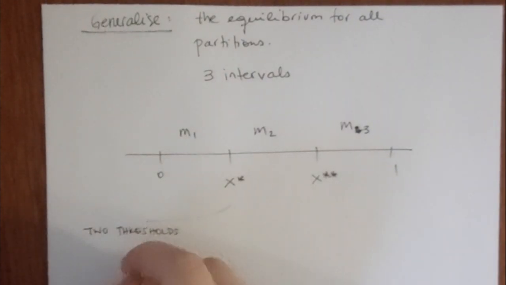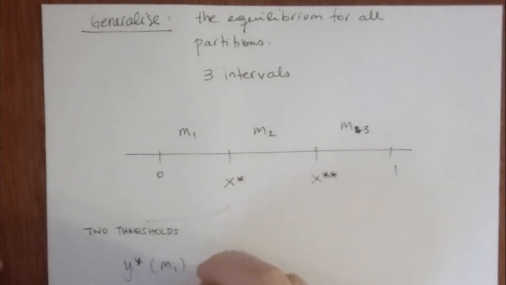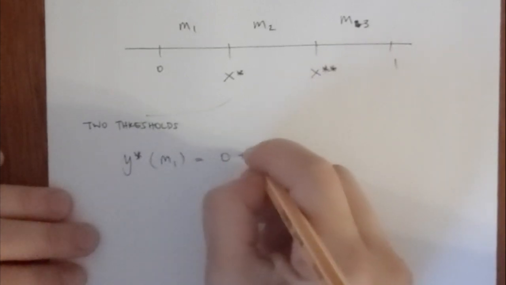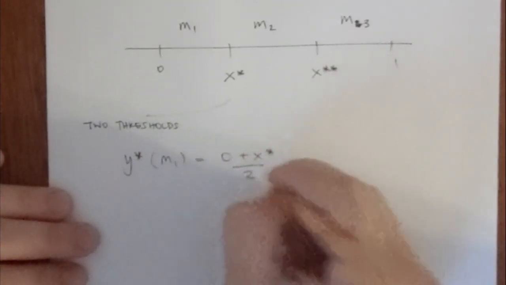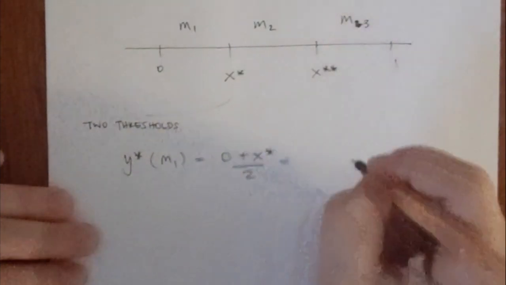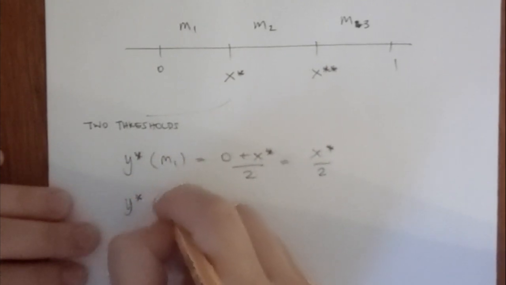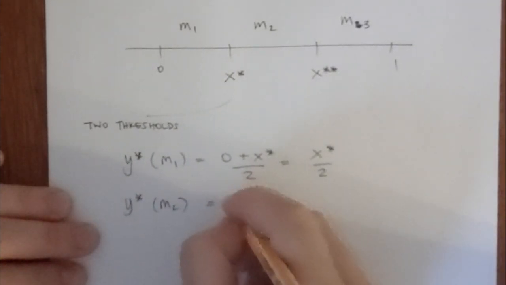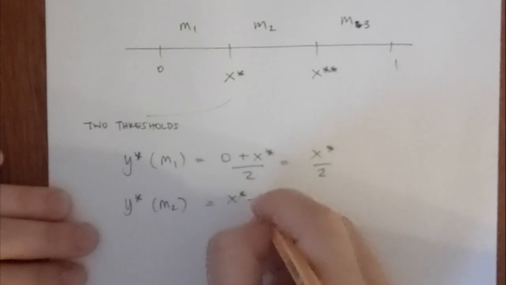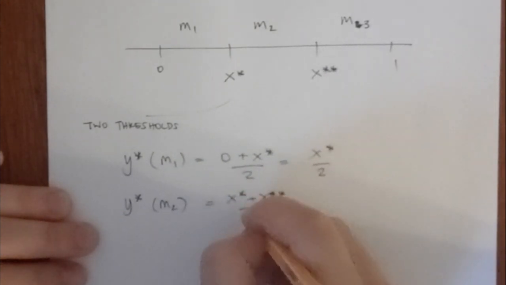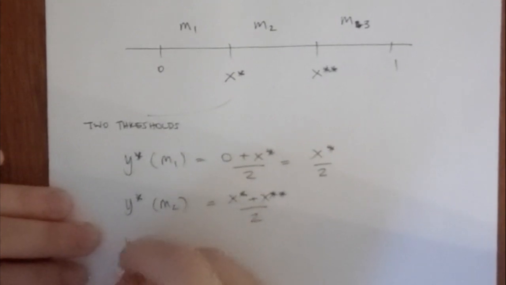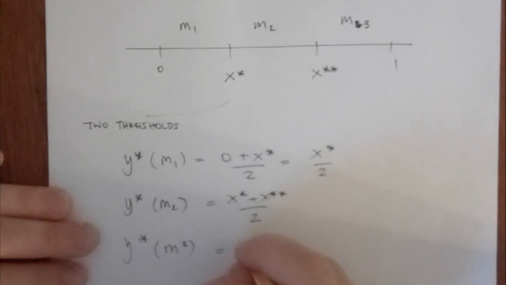thresholds. We know that Y star, given message 1, is going to be somewhere between 0 and X star over 2 because it is a uniform distribution. Y star given M2 is going to be equal to X star plus X star star over 2, and Y given he receives message 3 is going to be equal to X star star plus 1 over 2.